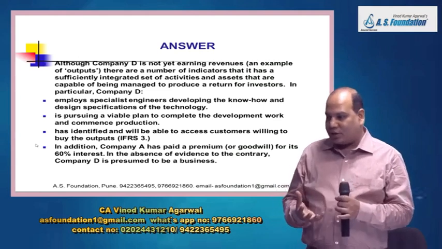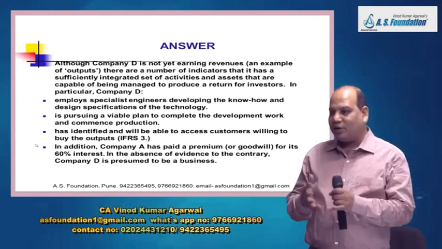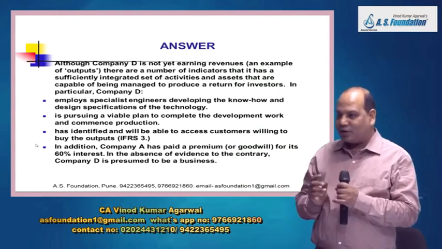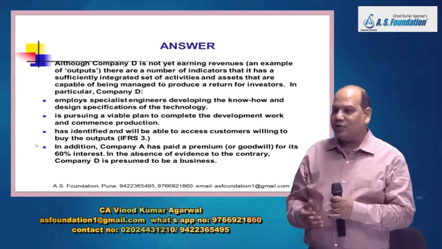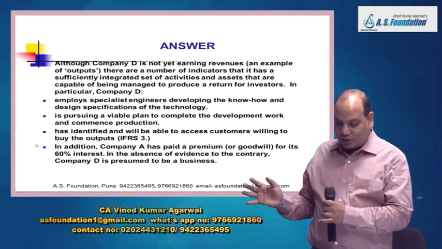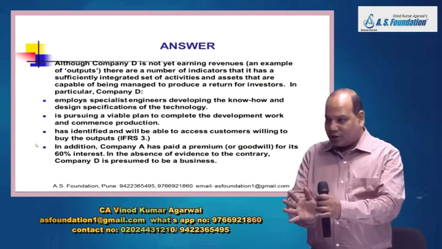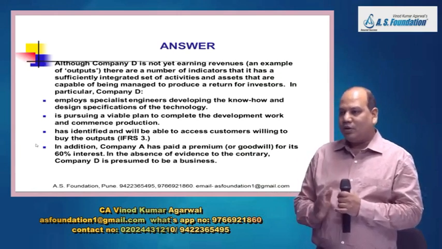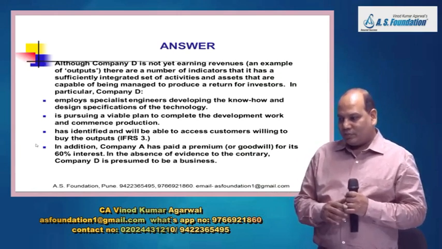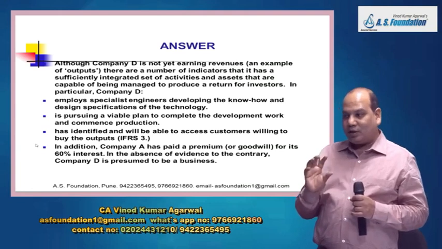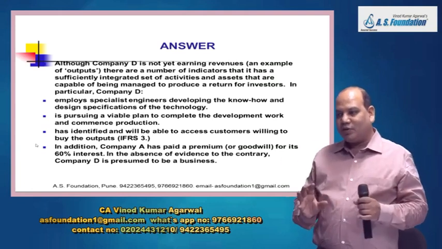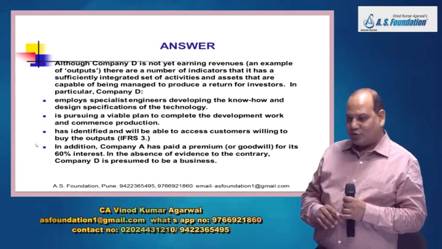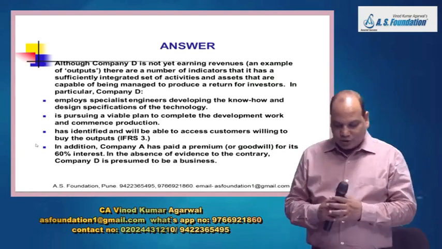It takes months, years, decades to set up an integrated set of activities so that you can start generating revenue. So this entity D has already achieved that level that it can start generating revenue with some little more funding. So the buyer knows that this is now a business, I just need to run, manage, and hence it is a business.